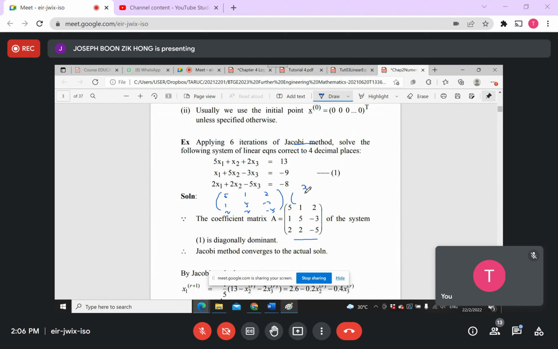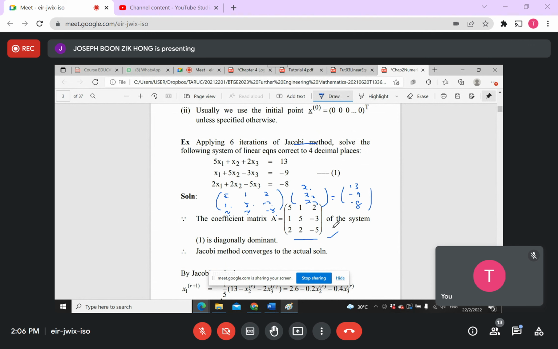X1, X2, X3. And then what is your B? 13, negative 9, negative 8. So we check: 5 is greater than 1 plus 2, 5 is greater than 1 plus 3, 5 is greater than 2 plus 2. So this is diagonally dominant. Diagonally dominant means we can use the Jacobi method.